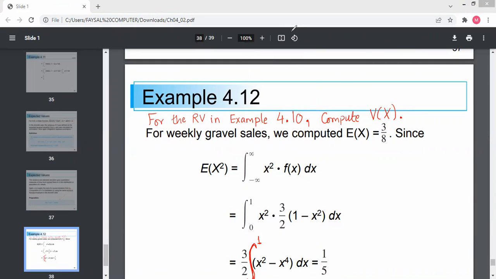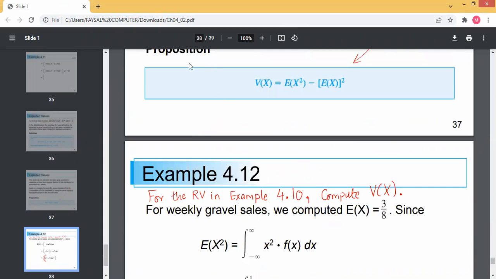As we know, first I have to write the formula: V of x will be E of x square minus E of x whole square. Okay.